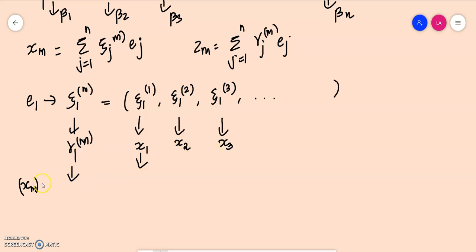So from x_m associated with theta_1m, we can define a subsequence which is called x_1m, which may not contain all these terms.